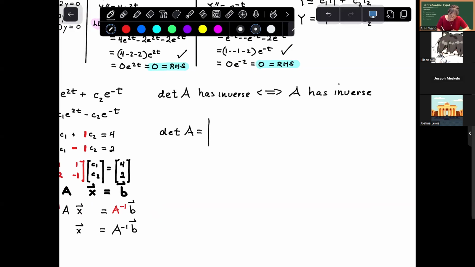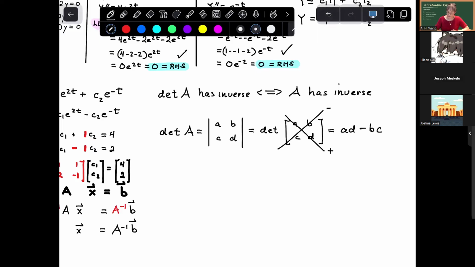You write A, B, C, D, like this, or you can write it as determinant of A, B, C, D. If you don't want to write the word determinant, you use 2 lines. This does not mean absolute value. It means determinant. The determinant is multiplied this way positively, and then multiplied this way negatively. And that's your determinant, okay?